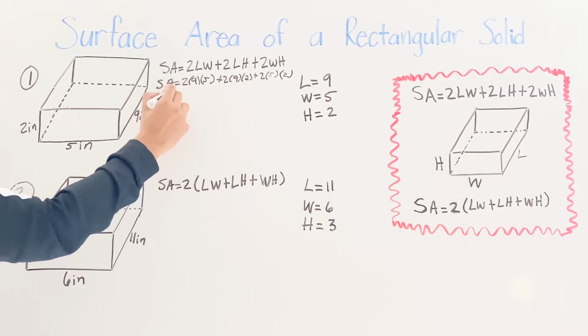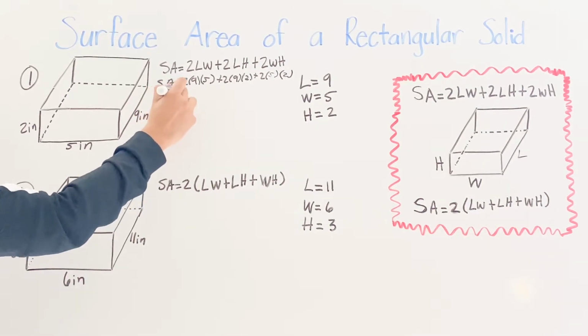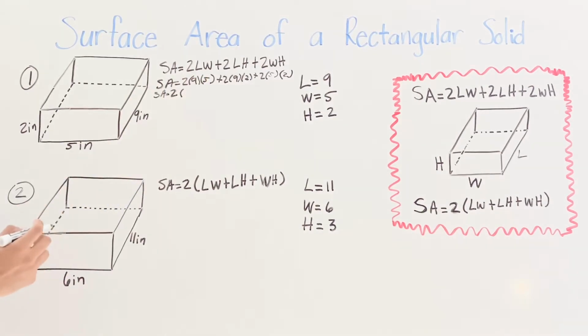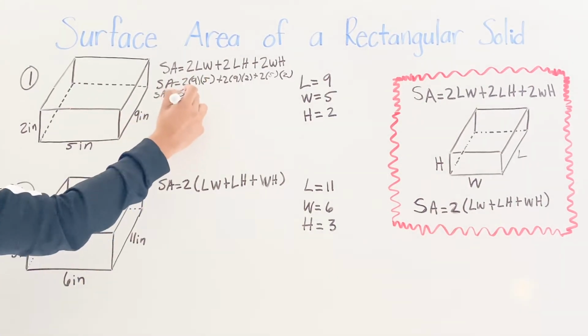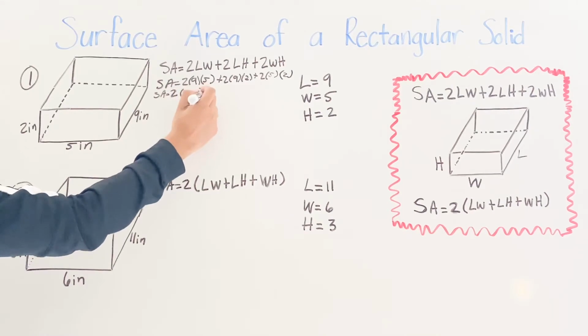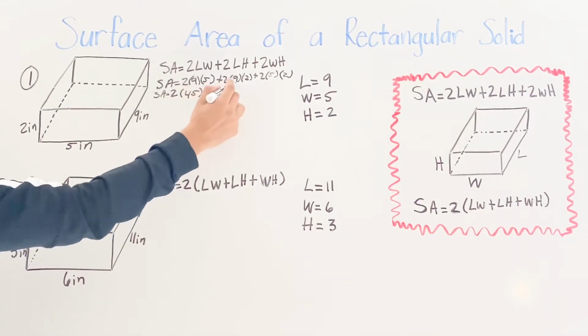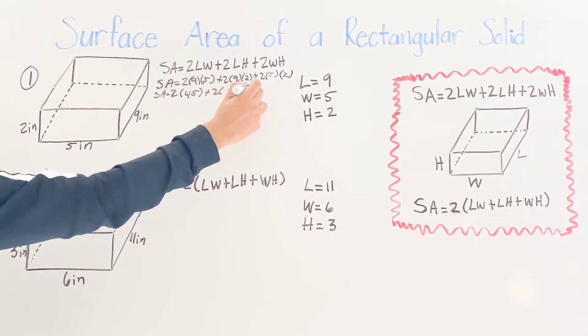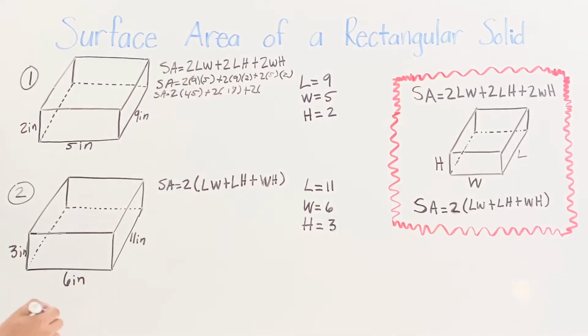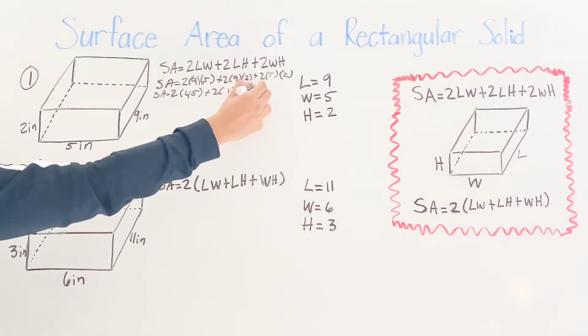Okay, we got 2 times 9 times 5, it's going to be 90. Then we have 2 times 9 times 2, it's going to be 36. Plus 2 times 5 times 2, which is going to give us 20.